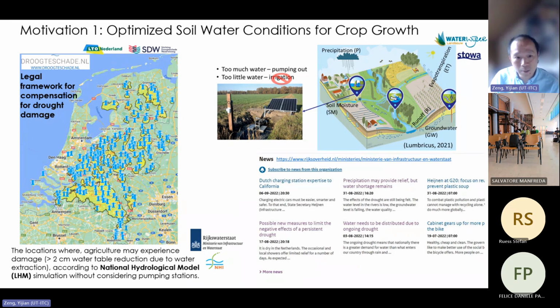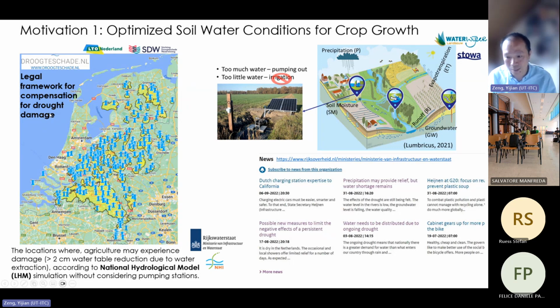So basically, in the past, in those dry years, the agriculture or food sector in the Netherlands suffered losses. And several years ago, LTO Netherlands, which is a farmer organization in the Netherlands, established a legal framework for compensation for drought damage.